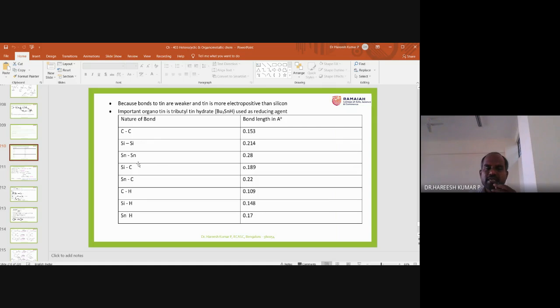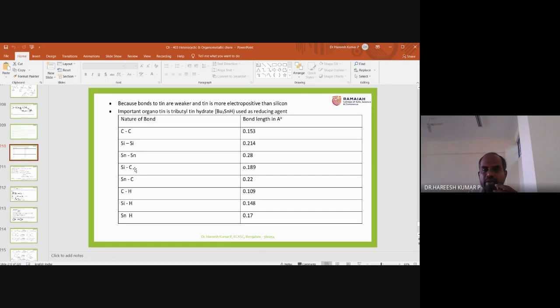Stannous refers to the +2 state, stannic refers to the +4 state. So the tin-tin bond is around 0.28.